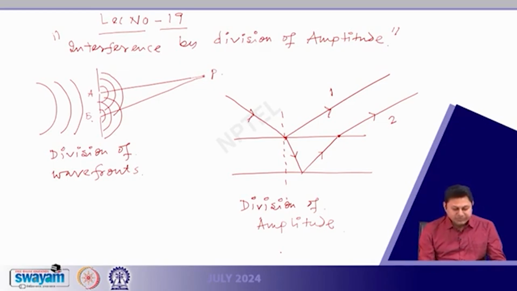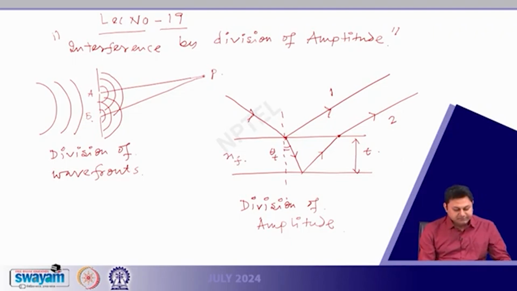So that is what we are going to check today: what the path difference is in terms of these parameters. Suppose the refracted angle is phi t, the thickness here is t, and the refractive index is f.